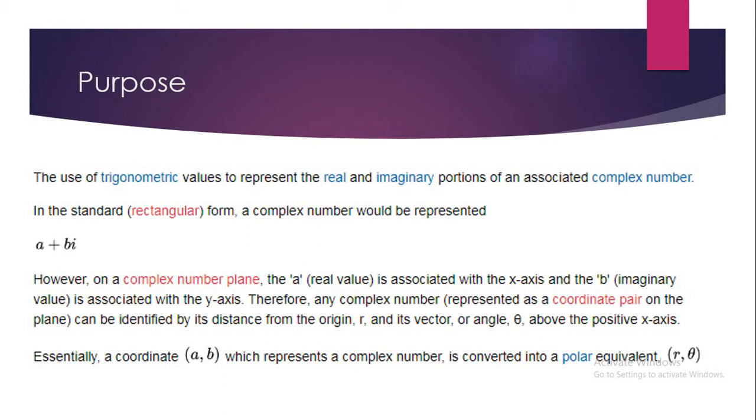The x-axis is represented by a real number, so it's the r-axis, the real number axis, okay? That's where a, the representation of a real number, goes. That's where you put your a value.